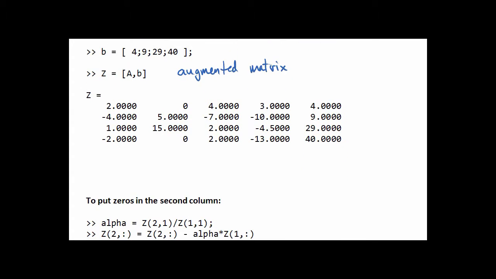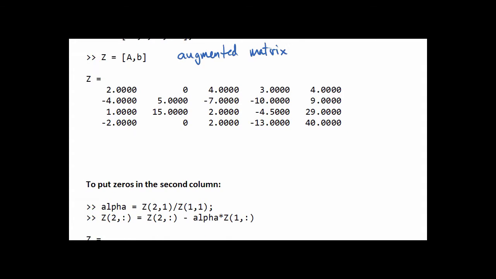And the goal of Gaussian elimination, or the idea behind it, is to convert this system to a triangular system that we can solve, having the same solutions.